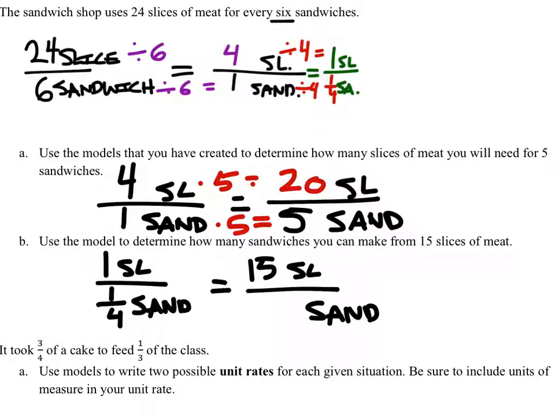But how do I take 1 slice and turn it into 15 slices? We'll multiply it by 15. And I got 15 slices, right? But if I do it to 1, I got to do it to the other. So 1/4 times the 15. I'll just say 15/4 sandwiches. I mean, yeah, if you put 3.75, that's okay too.